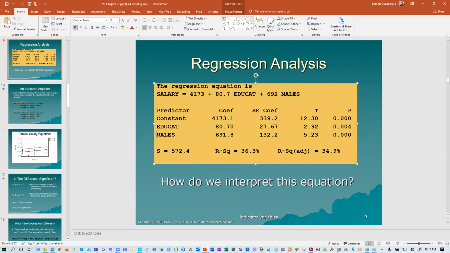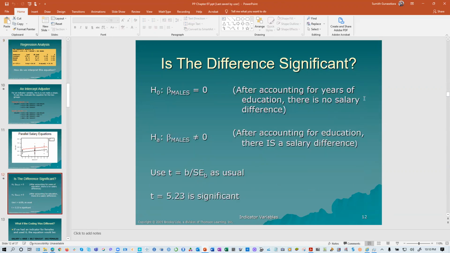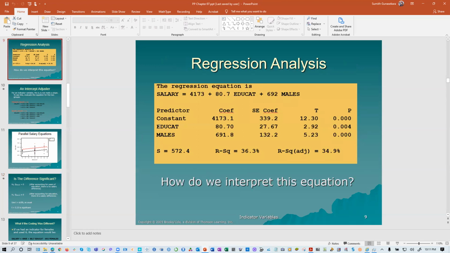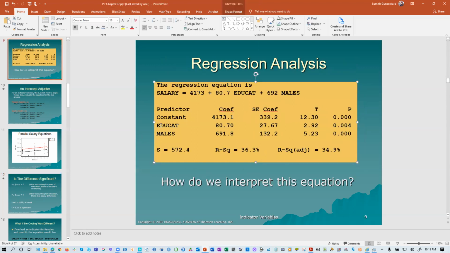That guy. This is the one that you take into account if you have a question like this: accounting for years of education, is there no salary difference between the males and females? If you want to check and see that education has been taken into account, that means this is fixed. You're not going to look for anything on this one. Education, you don't have to worry about it.